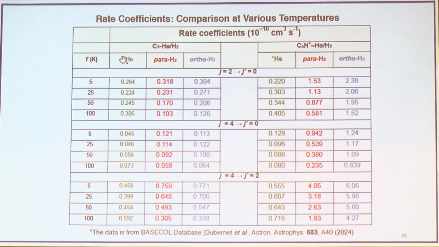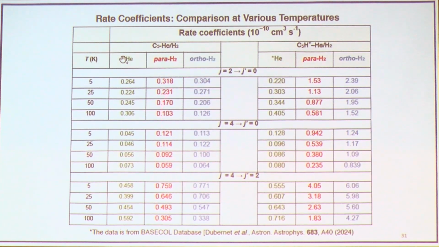This table has a lot of data, but it summarizes what we have studied in these two systems, comparing with helium. This is the rate coefficient data computed at various temperatures. The temperature column is here, and then the second column is the helium collision with the C5 system, and helium collision with the C5H+ system, rate constant values at different delta J values. These are de-excitation rate coefficients.